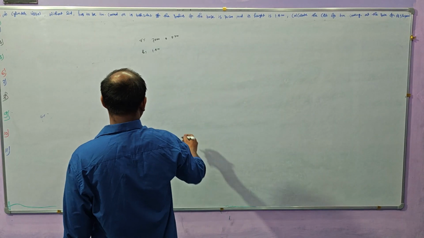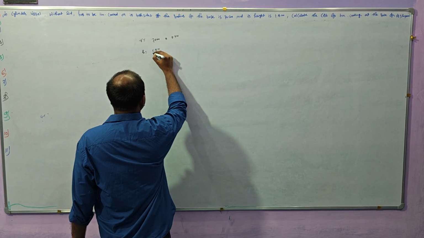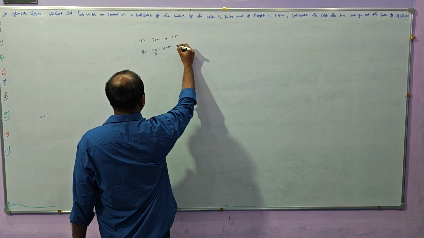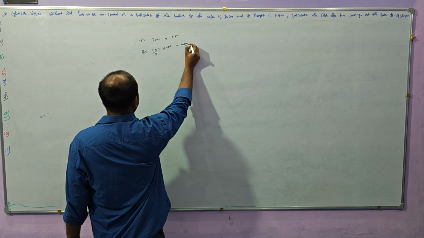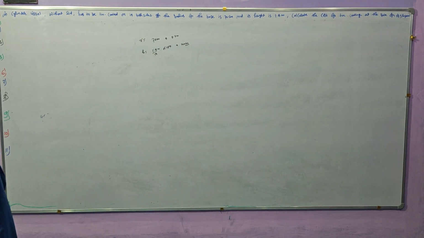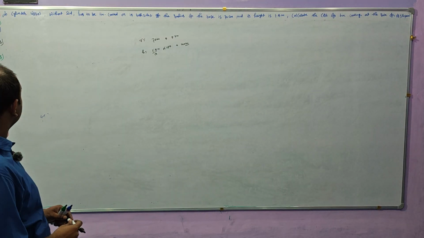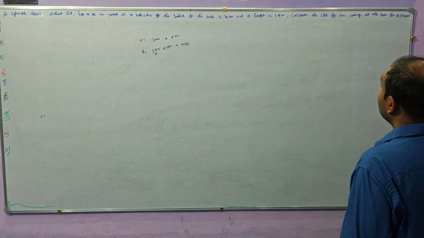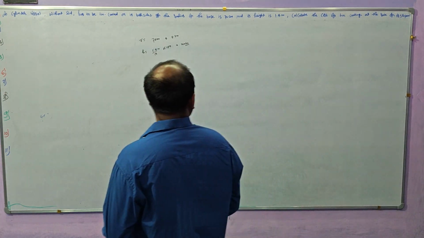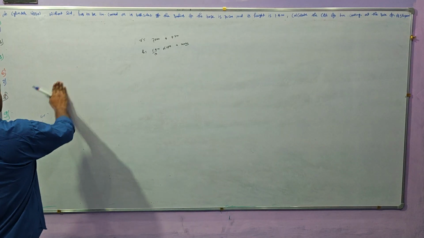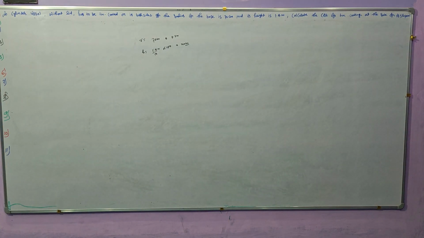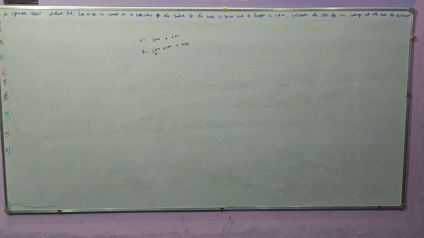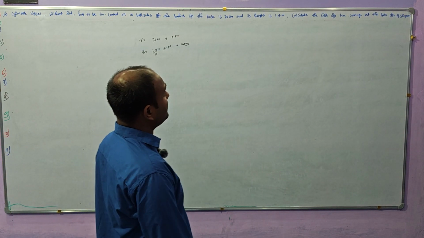Otherwise we can say that 1.4 into 100, 140 centimeter if we need to find out in centimeter. So we need to cover the cylindrical vessel.